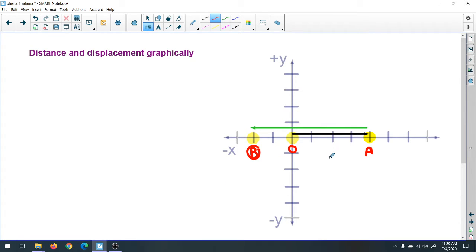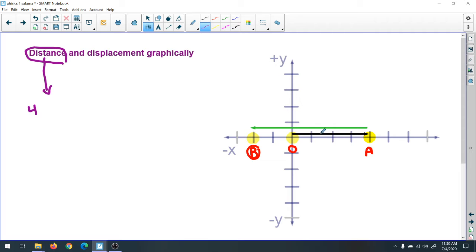Now we want to find the difference between the distance and displacement. First, let's explain distance in purple. We move from O to A. How many units? 1, 2, 3, 4. I don't care about the sign. I don't care about direction.